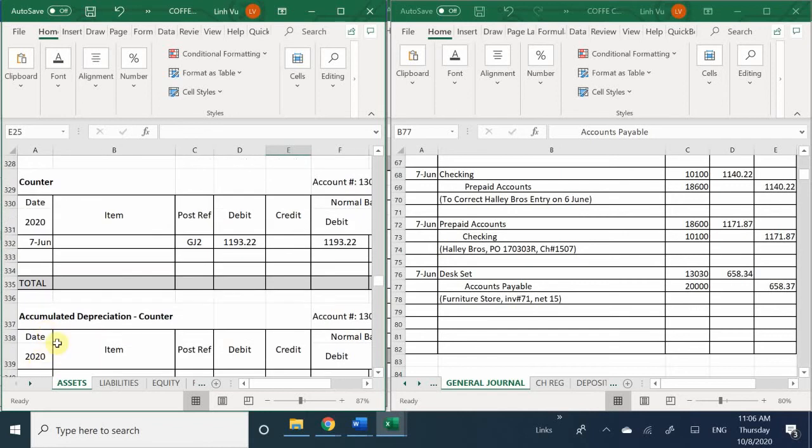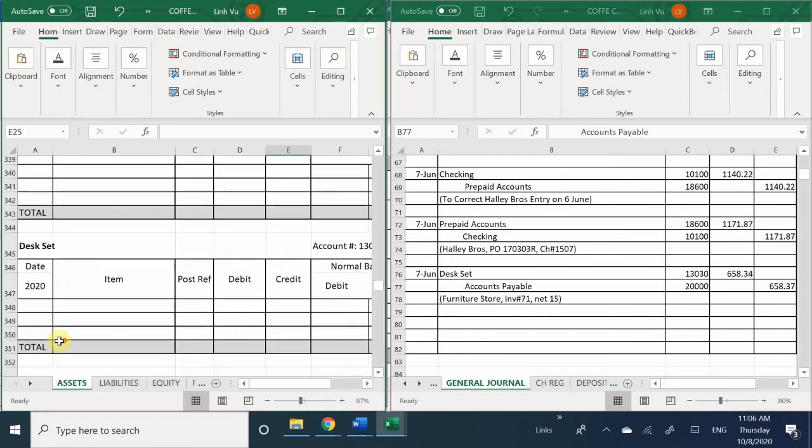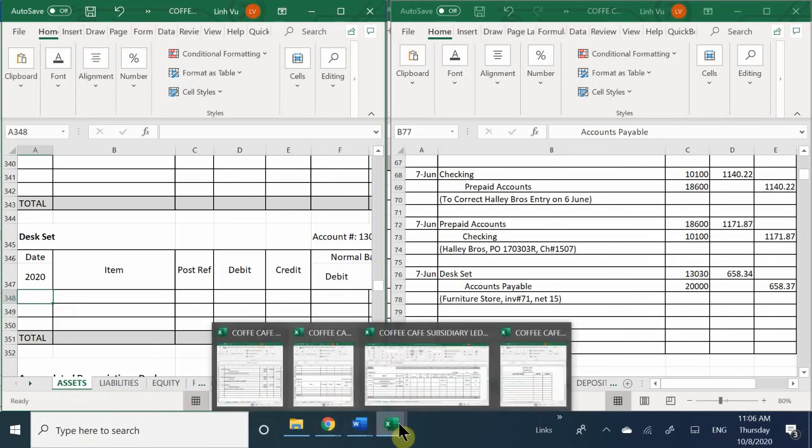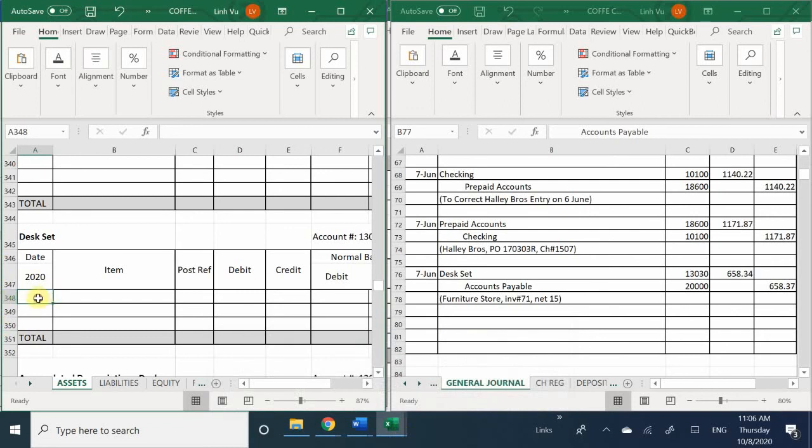So here it is. My desk set's right here. I believe that's page 10 in the Word file. So 6, 7. Item here is pretty straightforward. I know what I received. I received a desk set.